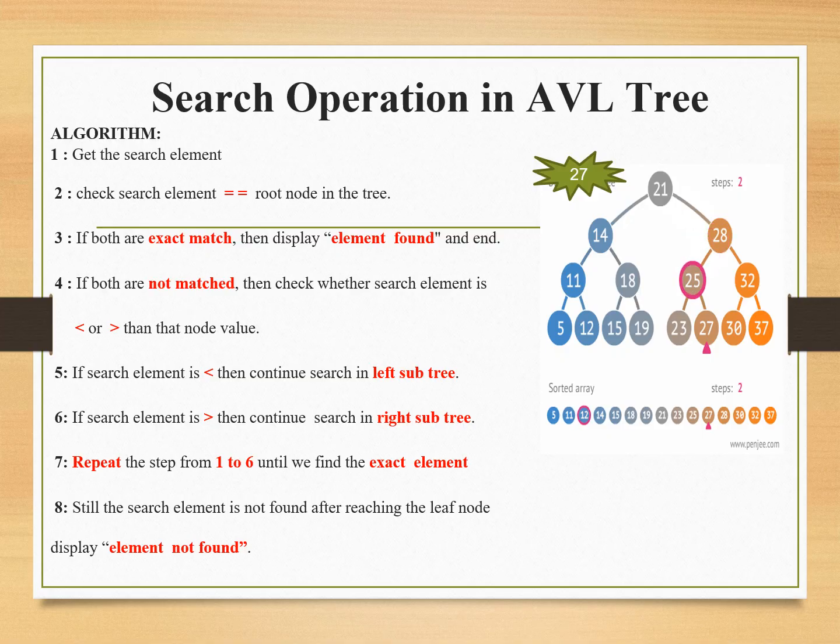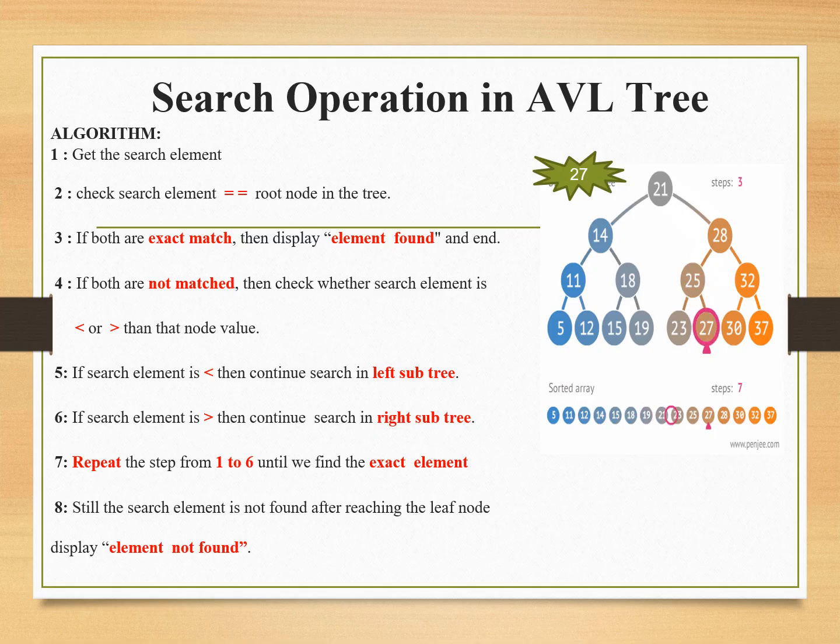Again 27 is compared with 28. It is lesser, so we are moving left. Again 25 is compared with 27. 27 is greater than 25, so we move to the right. Now we have found 27. So in just 3 steps, we got the solution.